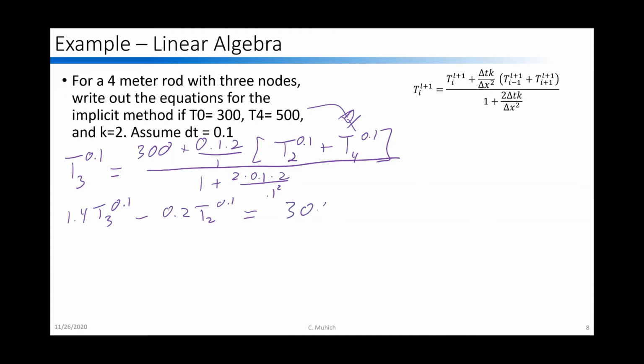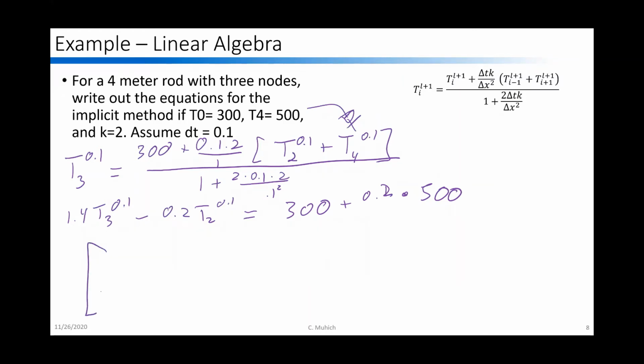So that's 300 plus 0.1 at 0.2 times T4, which is 500. All right, so now we have this equation, and we can start rewriting this whole set as a matrix.